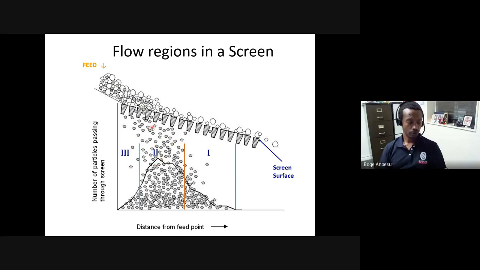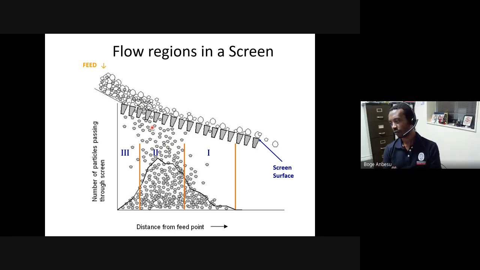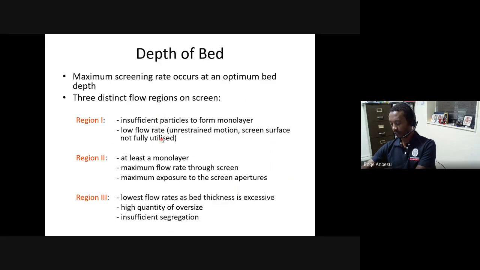So what do we need to do? We need to maximize the operation of region 2, the zone of screening, so that fine particles make their way through and are screened out. This slide is talking about the differences in those three regions: in the last one, only coarse particles are left and no screening is happening.